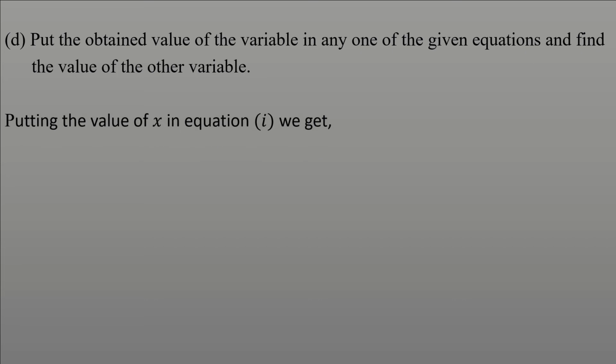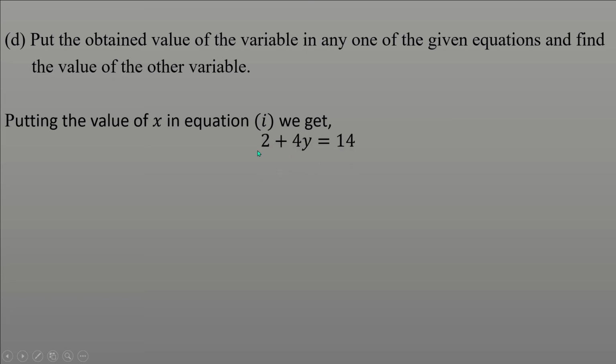Step D: put the obtained value of the variable in any one of the given equations and find the value of the other variable. As we have got x equal to 2, we put the value of x in 1 or 2. Here we put it in equation 1, we get x plus 4y.